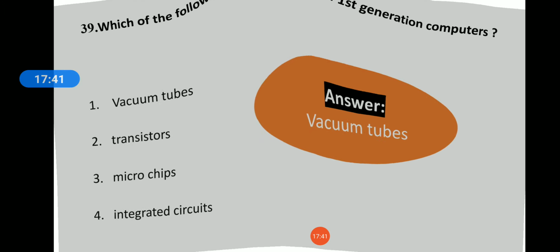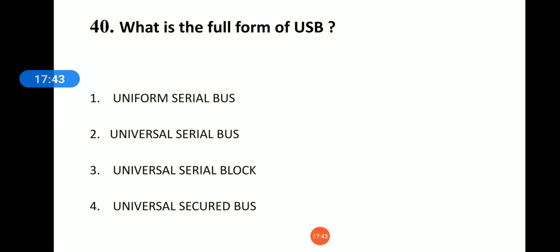So let's go to the next question. What is the full form of USB? USB means when you connect devices to ports to get data from an external device, it is known as USB. USB means Universal Serial Bus.